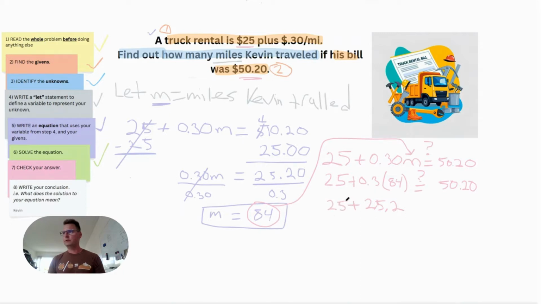So is 25 plus 25.2, or $25.20, is that equal to 50.20? It sure is. This check is relatively simple. There might be some more complicated problems on your tests in the future where this will really help. But yeah, checks out. And I think we have another big win here.